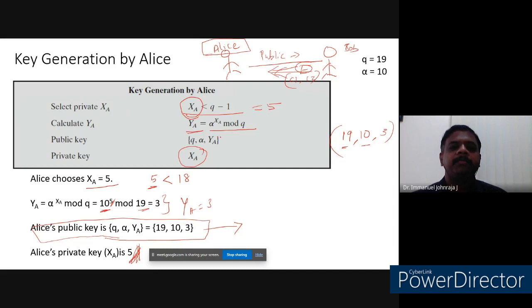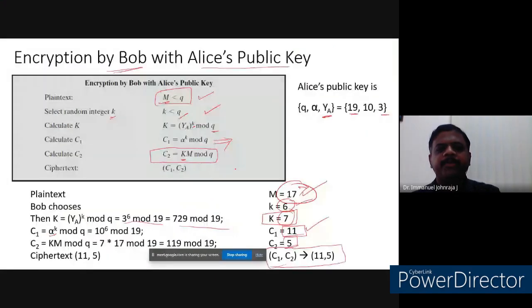That is shared with Bob, and she keeps the XA value, the private key, with herself. The key goes to Bob. Now he has received the public key of Alice. He can encrypt with it. What's the advantage? This can be decrypted only by Alice, because she is the only person who holds the private key. So this helps with confidentiality.